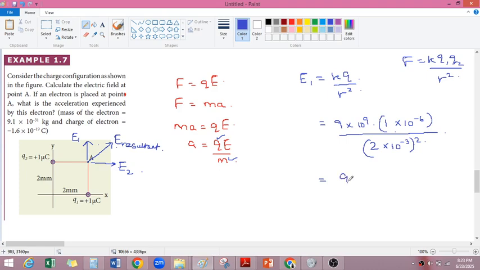So this will become 9 into 10 power 9 minus 6. This will become minus 6. Minus 6 goes to the top, so it will become plus 6. So both will cancel. This will become 4. So divide by 4. So 9 by 4 into 10 power 9.